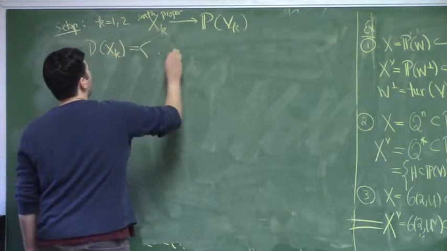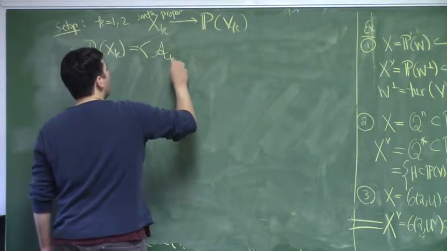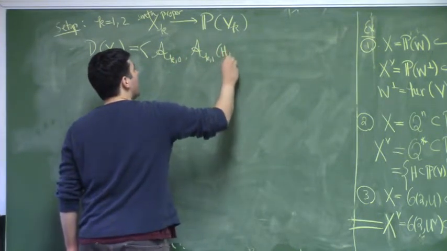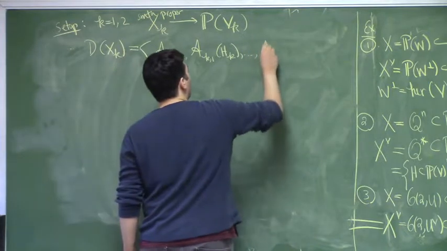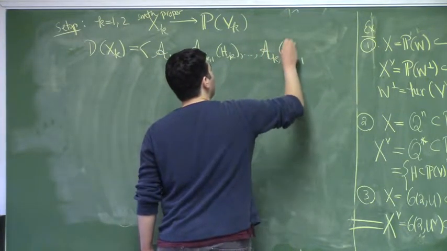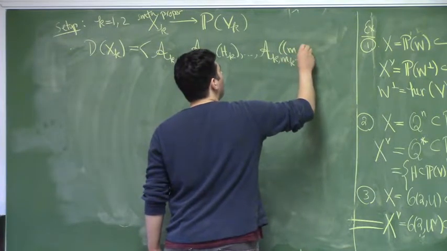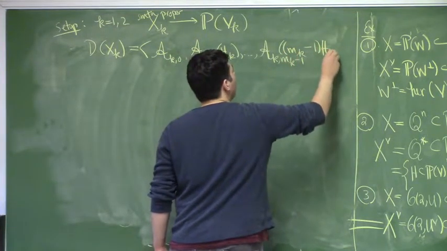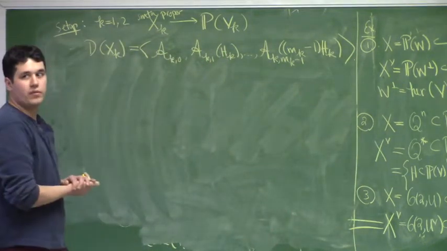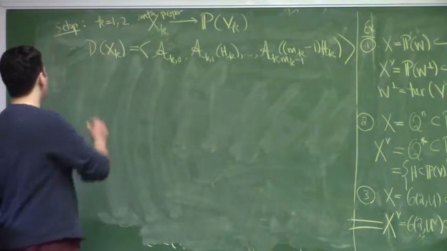So just to write it out, I have AK0, AK1 twisted by HK, all the way up to AK twisted by MK minus 1, HK. It looks a little bit messy, but literally I just assume that for each K I have a Lefschetz decomposition.